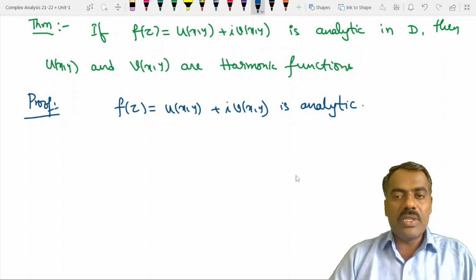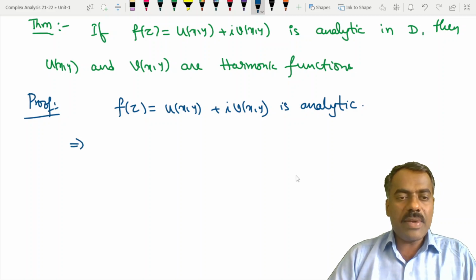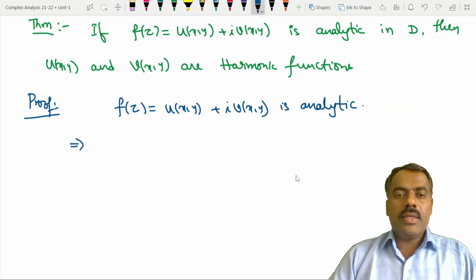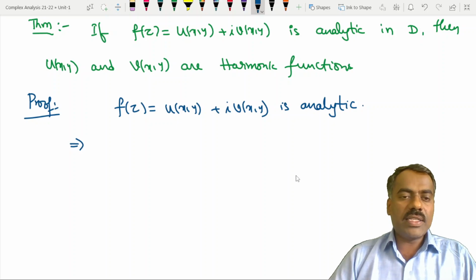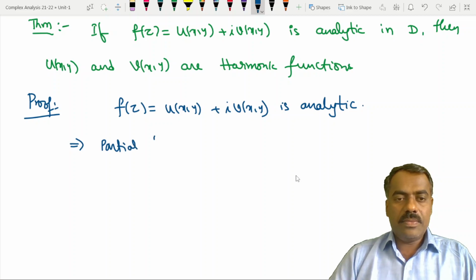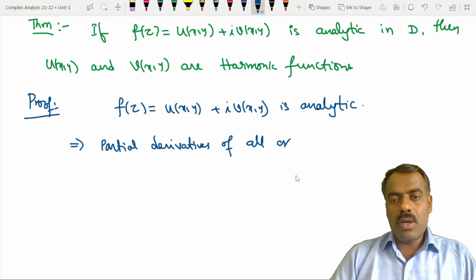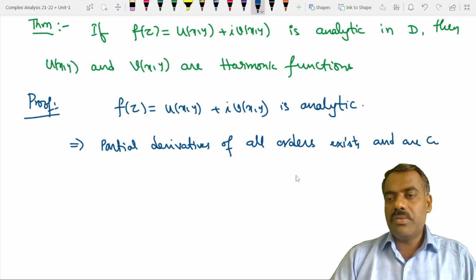This implies that, because it is analytic, partial derivatives of all orders exist and are continuous.